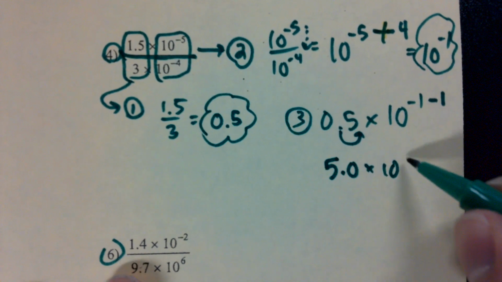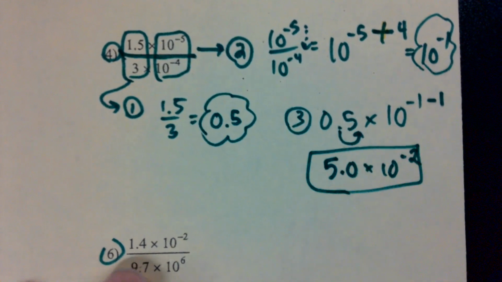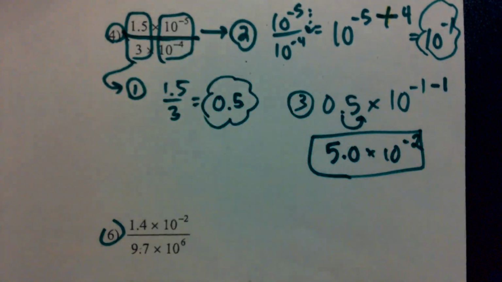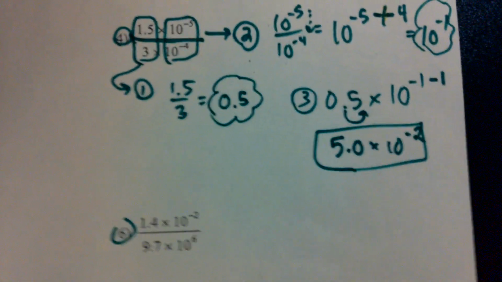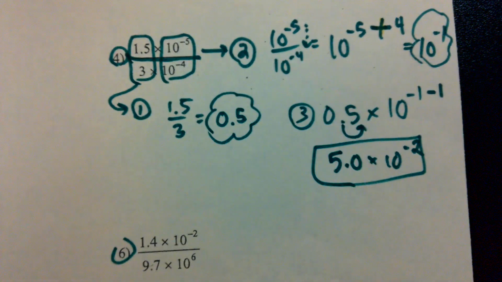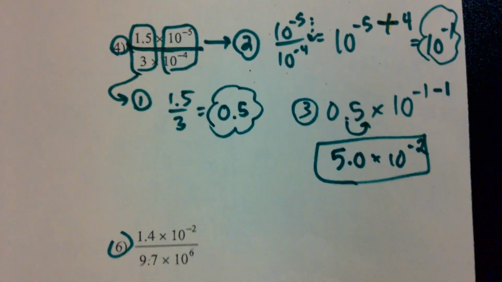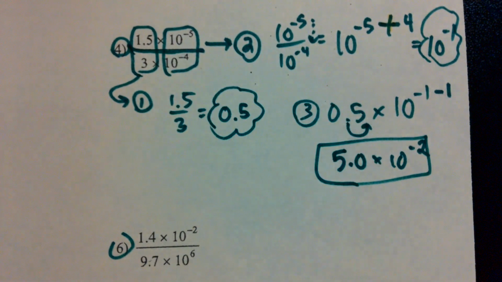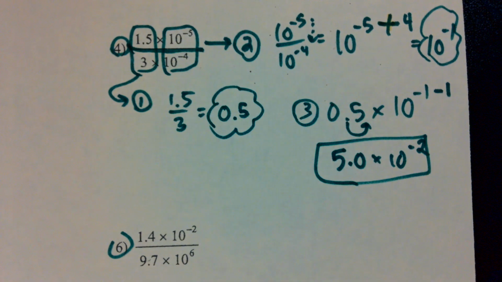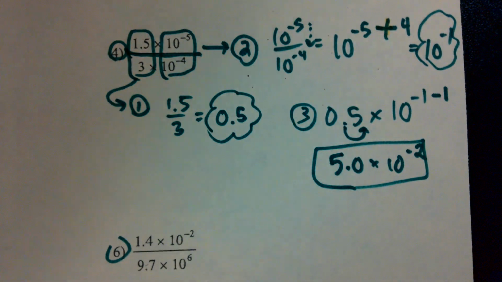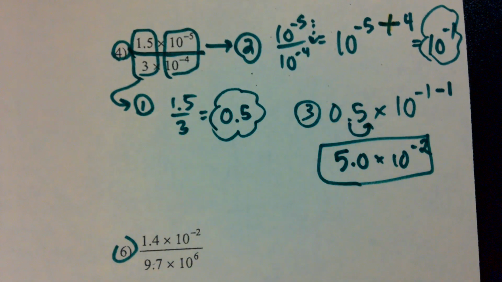Negative 2. Thank you, Devin. Thank you for correcting me. Negative 1 minus 1 is negative 2. Right? 5.0 times 10 to the negative 2nd power, which is a very small number. Not as small as our original numbers, but still a small number. Okay?